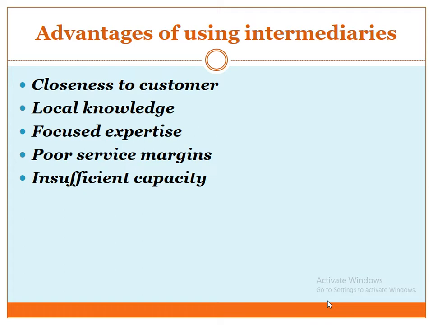Microsoft has chosen to restrict its activity to software development rather than get involved in the creation and administration of a network of distributors and developers. This allows for a high degree of flexibility, as a service partner close to the market developed some solutions using Microsoft platforms. Fourth is poor service margins. The volume of service revenue may be too small in some geographical regions for the provision of a dedicated service unit.